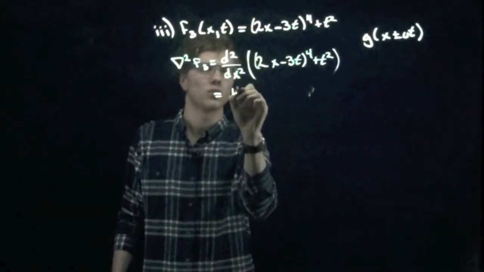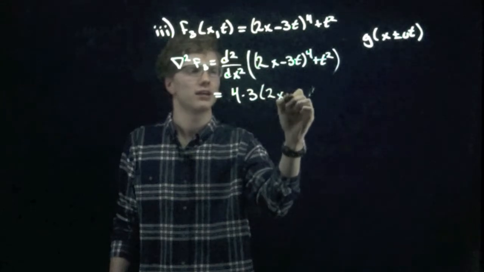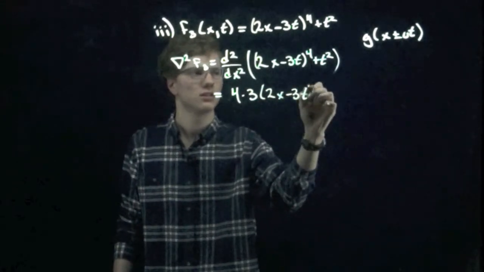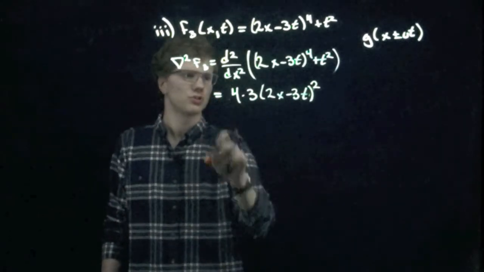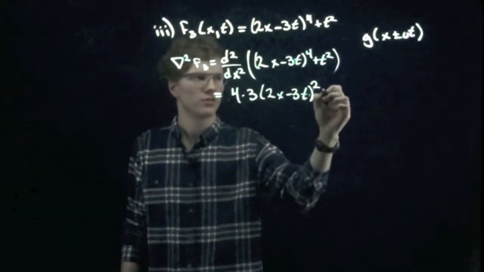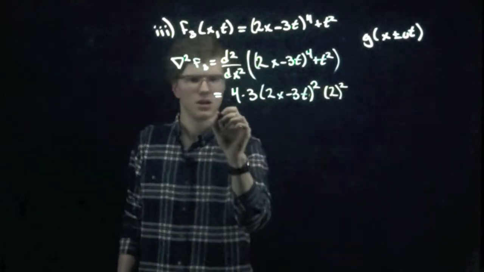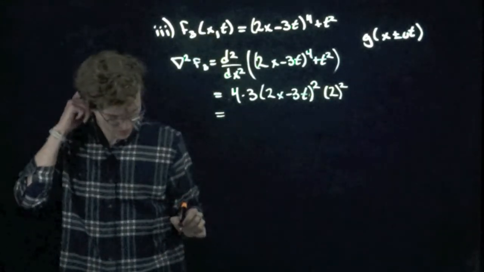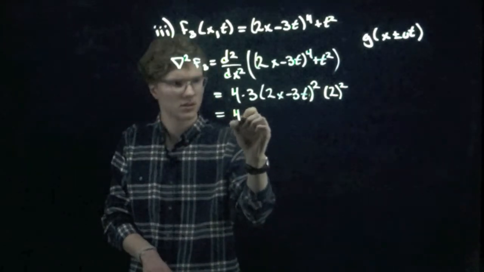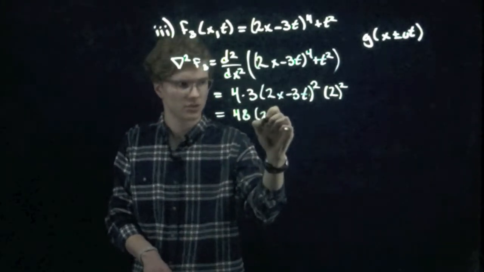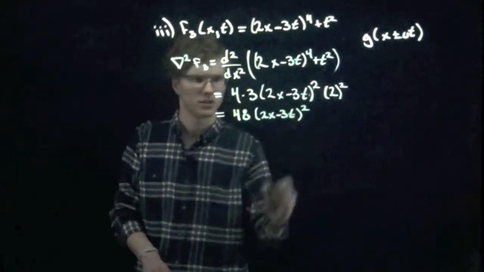So we're going to get 4 times 3 from the exponent, 2x minus 3t, all to the power of 2 now. And when we took the double derivative here, we're getting the 2 out of here twice, so we're also going to get a 2 squared. So all of this is going to come out to 48 times 2x minus 3t squared.